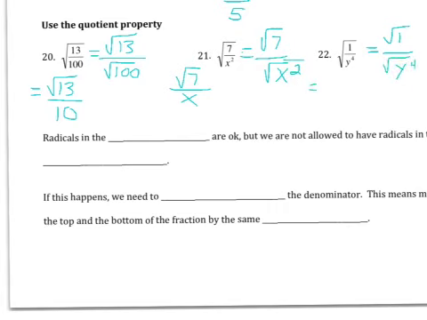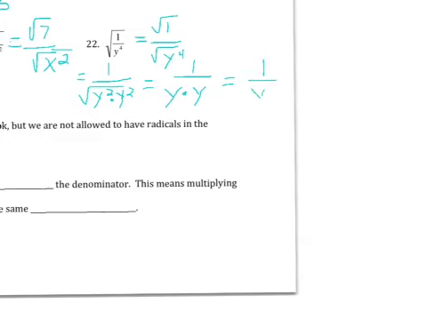The square root of 1 is just 1. And we can break up y to the 4th as y squared times y squared. So, let's move our screen over a little bit. We have 1 over y times y. So our final answer is 1 over y squared.